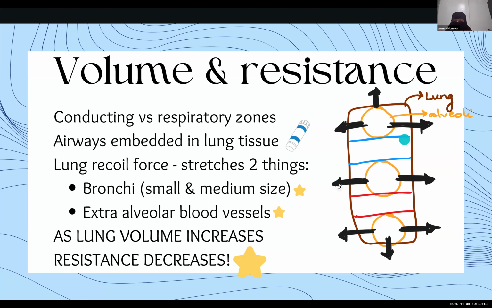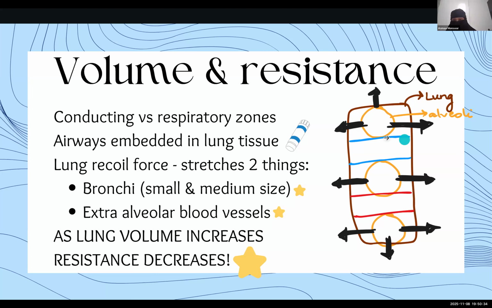As you can see, this is the lung. Now, in the lung, when the lung is filled with air, it expands.